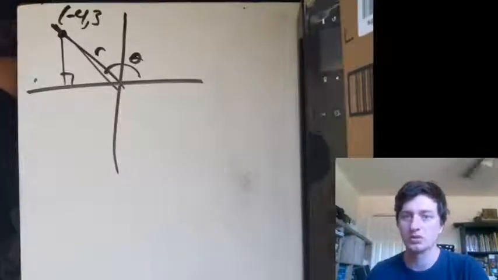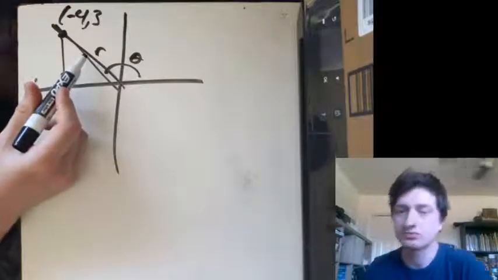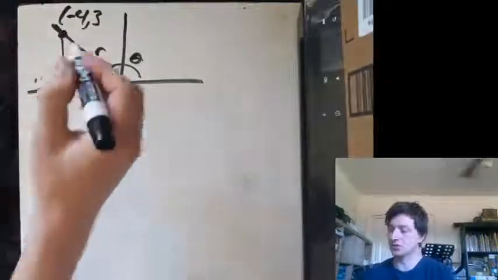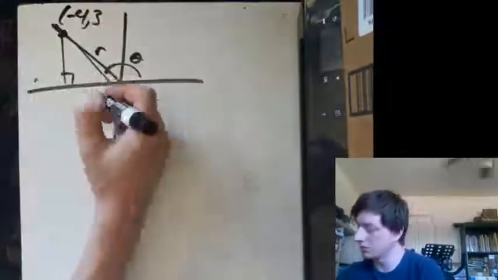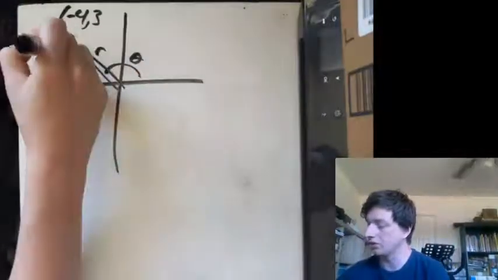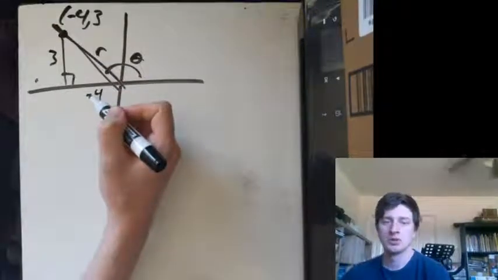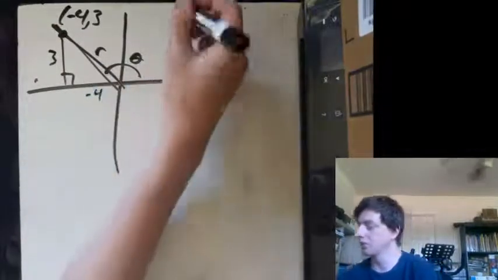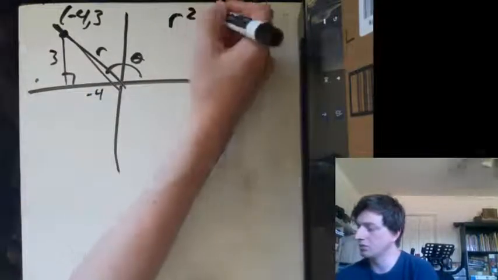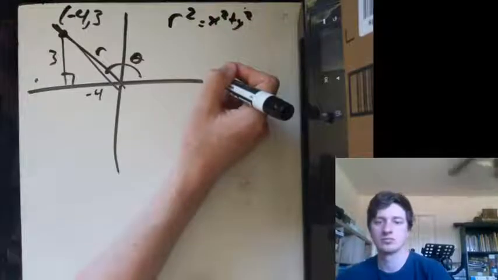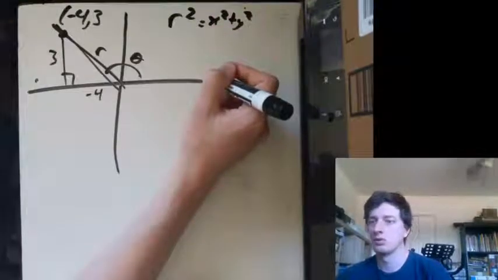So here's what we're going to do. We need to know what r is. And so we're going to use the Pythagorean theorem, a squared plus b squared equals c squared, to solve that. This triangle can be rewritten as a -4 here and a 3 here. This is really just 4, right? So in our Pythagorean theorem, we get r squared equals x squared plus y squared. Okay.